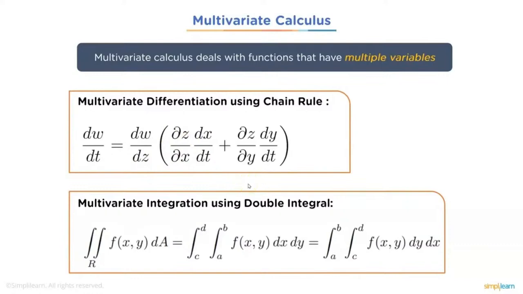It gets pretty complicated. And it really translates into the multivariate integration using double integrals. And so you have the double integral of f(x, y) dA equals the integral from c to d and a to b of f(x, y) dx dy equals the integral from a to b, integral from c to d of f(x, y) dy dx.